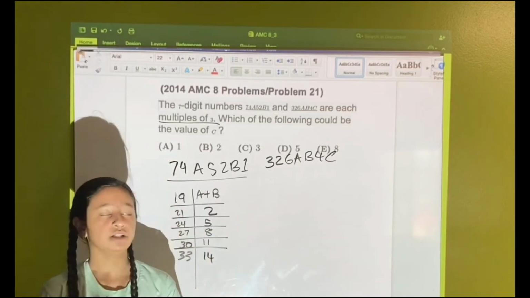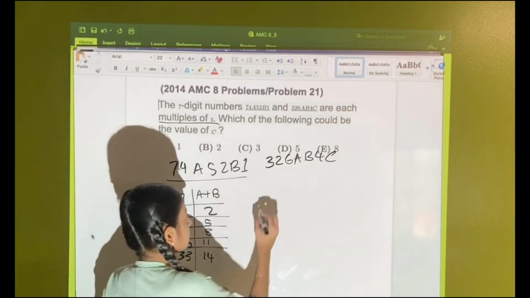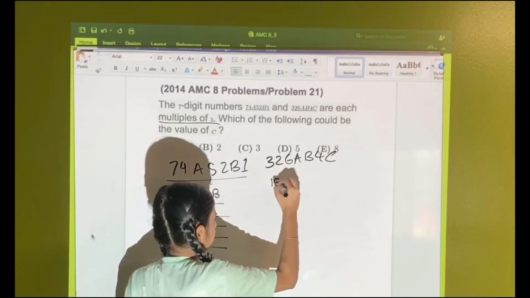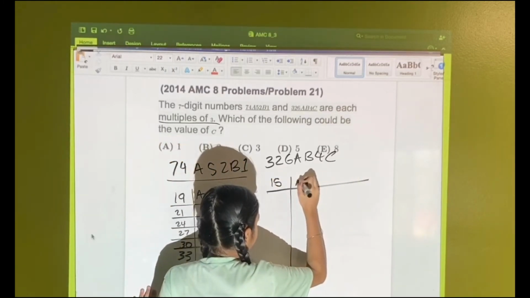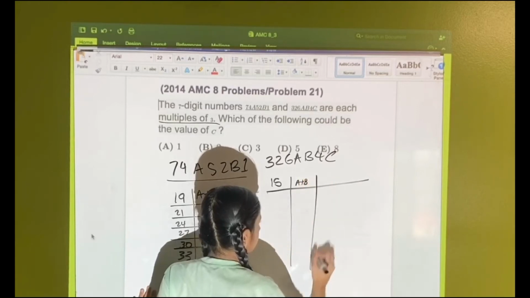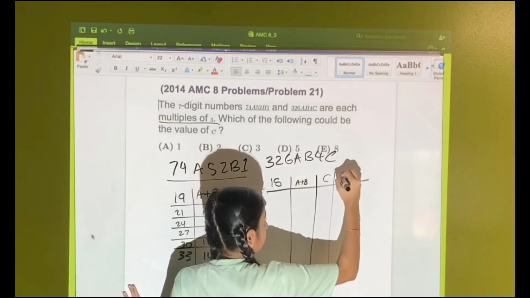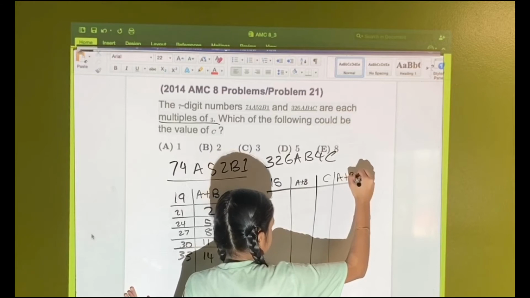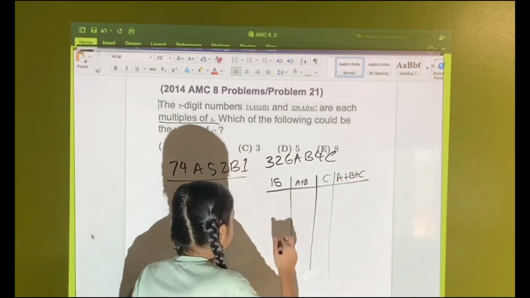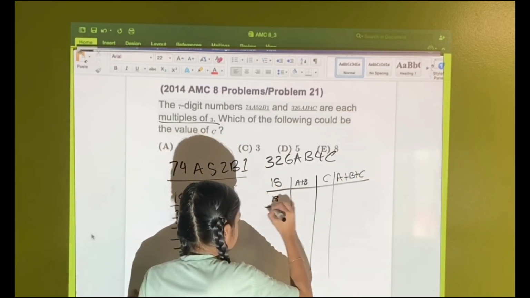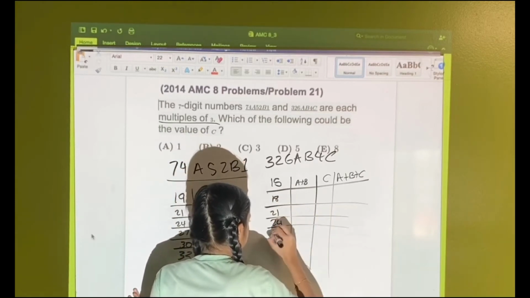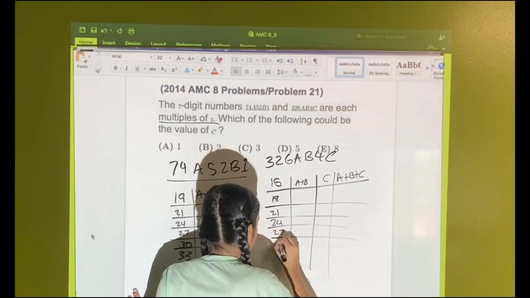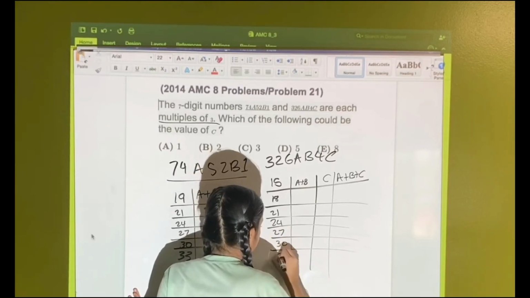Now our next number. The sum of this is 15 plus A plus B plus C. Possible ones here are 18, 21, 24, 27, 30, and so on.